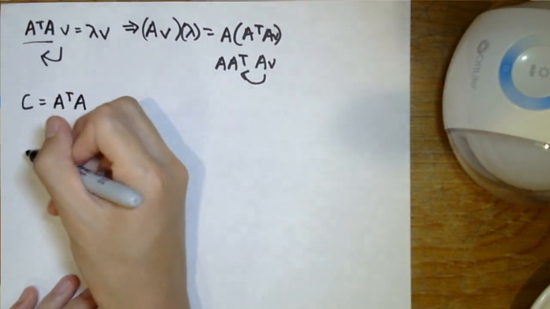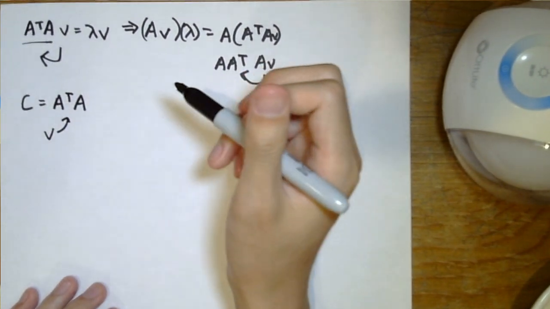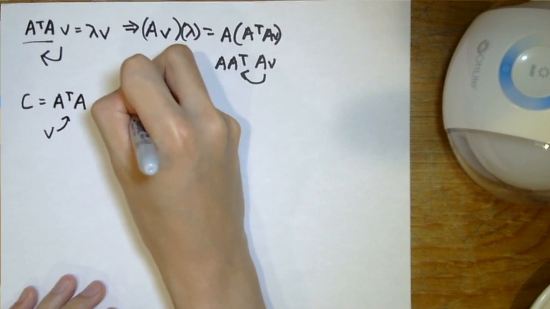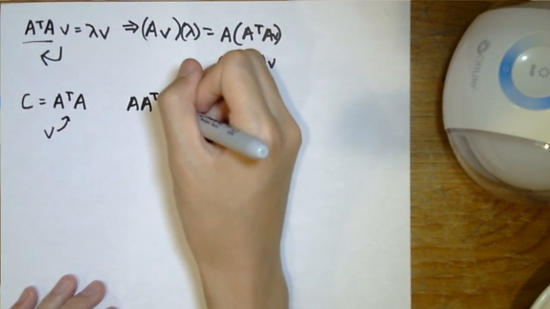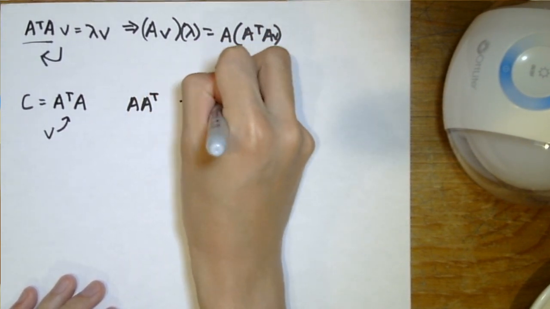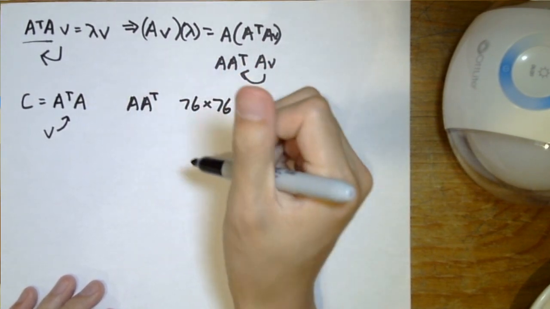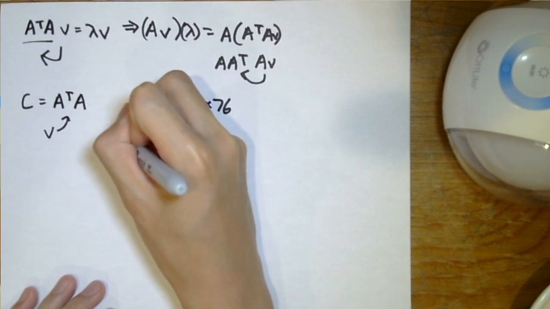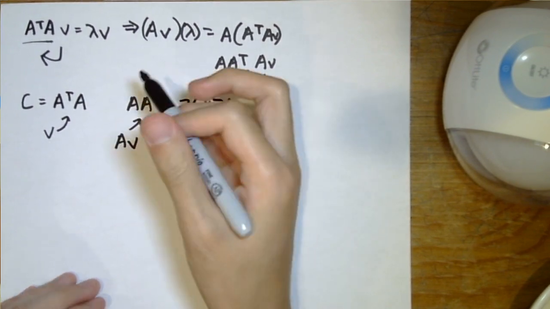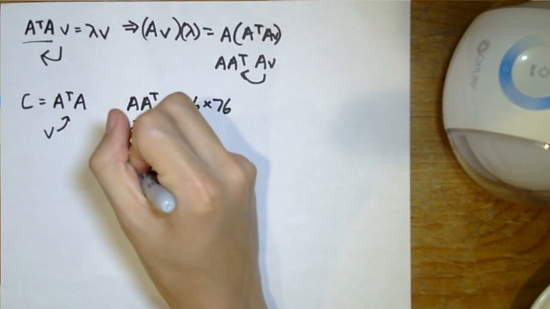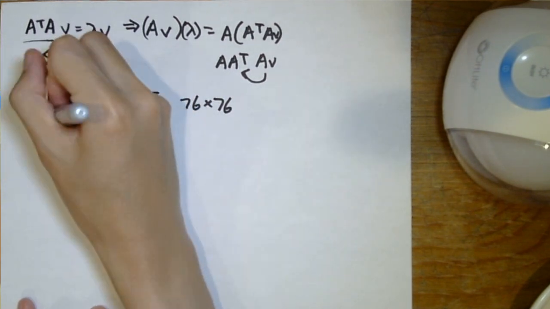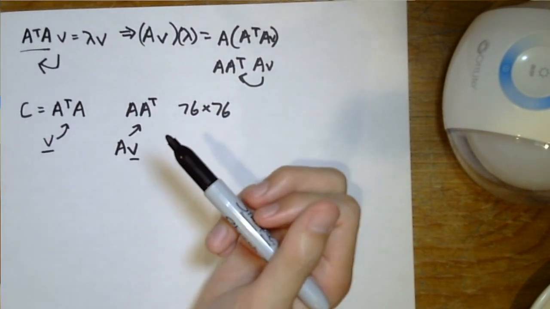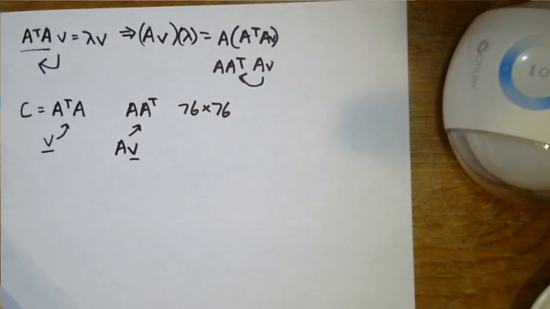And so instead of computing the eigenvectors of these directly, we can simply compute the eigenvectors of the much smaller A times A transpose, which in this case is only 76 by 76. And so the eigenvectors of this matrix will actually be A times the eigenvectors of the original matrix, our covariance matrix, because this is the same V in both cases.